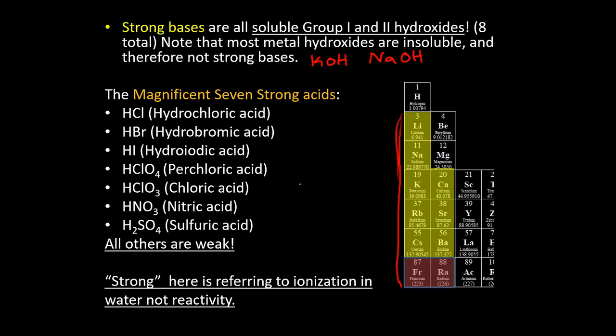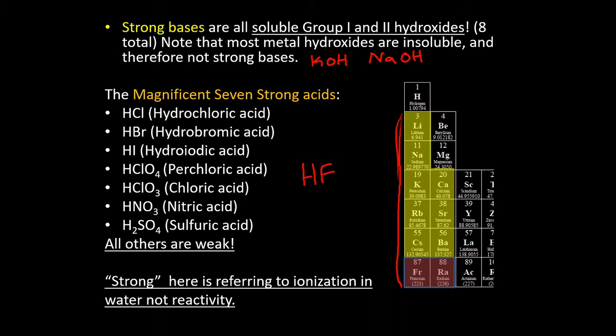There are some weak acids, like HF, for example, hydrofluoric acid, that is crazy dangerous and reactive. Extraordinarily reactive. Like, would kill you very quickly and painfully if you encountered very much of it. So when I say it is a weak acid, I'm not saying safe or unreactive.